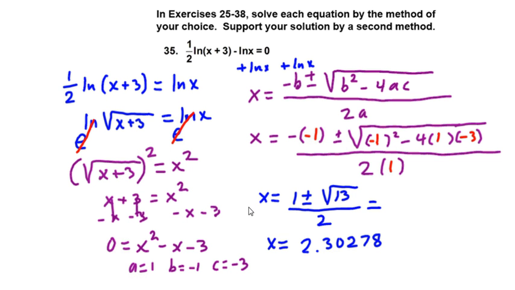Well, here's what happens. We take this negative 1.30, but if you take the natural logarithm of a negative number, that does not compute, because in the domain of a logarithmic function, you have greater than 0 to infinity. So negative 1.3 isn't going to work. So this is going to be our answer, provided that it checks out properly. And to do that, I'm going to store that for a, plug that back into the original equation, see if we approximate 0.